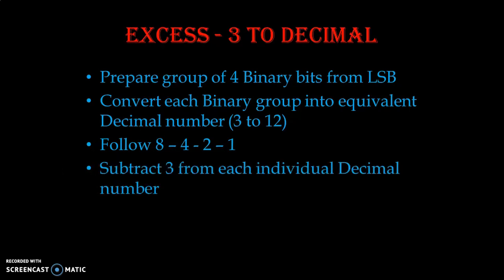Now this step is very important. At last, subtract 3 from each individual decimal number, because when we converted a decimal number into excess 3, we added 3. But now while converting from excess 3 to decimal, we have to subtract 3 from each individual decimal number.